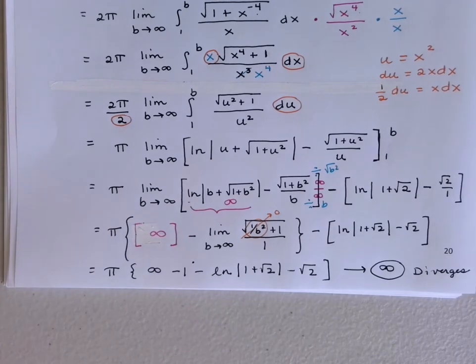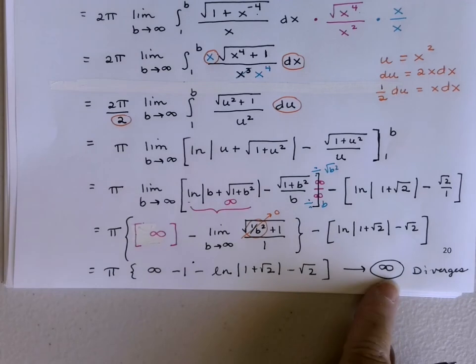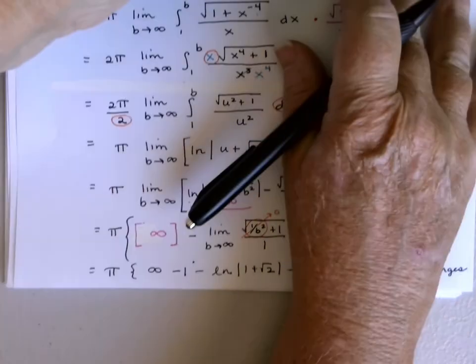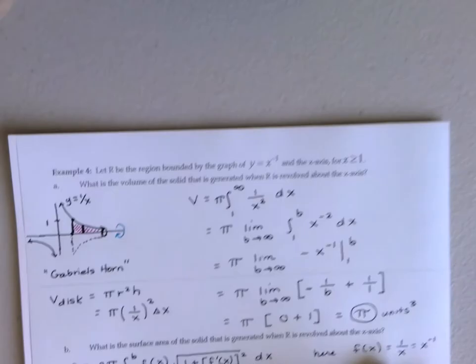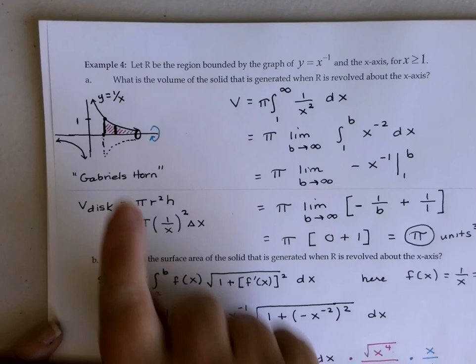All right, that was a lot of work for that problem, but good for us to tackle this every once in a while. And here's the interesting thing about this shape, this solid of revolution, Gabriel's horn. Remember that we got a finite volume. The volume was pi. But I just got an infinite surface area. So if you imagine the shape, what we've just done is created an infinite shape.